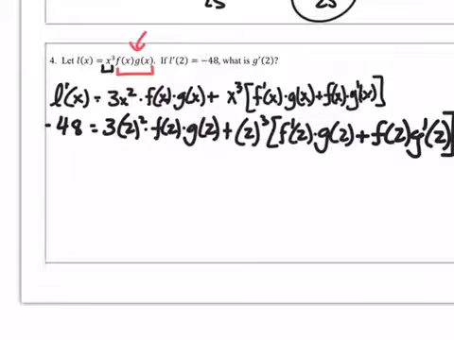It tells us to find g prime of 2, so we're looking for this. So we can assign values to the rest of this stuff. I'll come back with a simplified version of this.